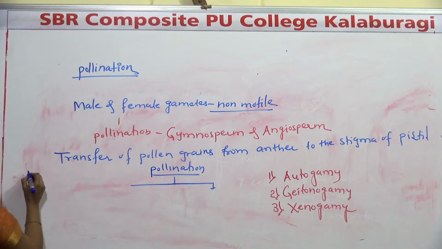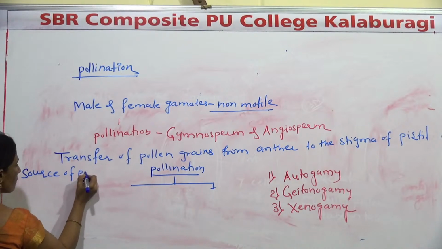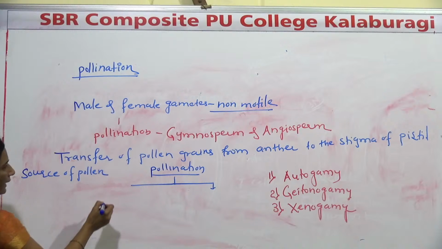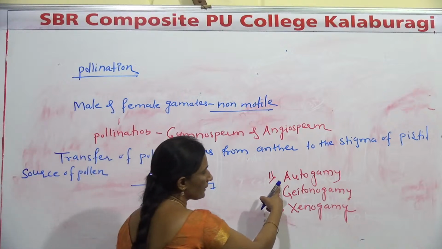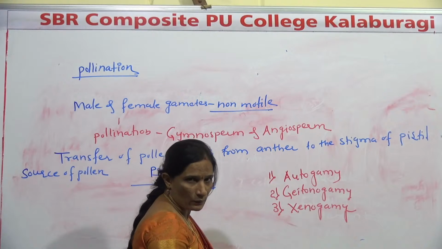On the basis of the source of pollen, pollination is of how many types? Three types: autogamy, geitonogamy, as well as xenogamy.